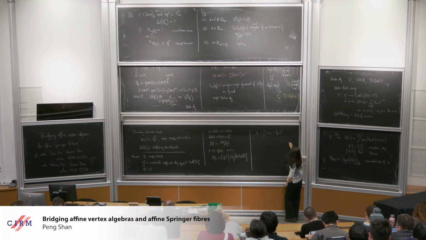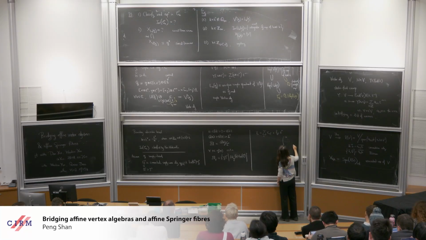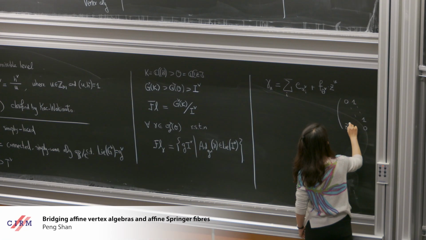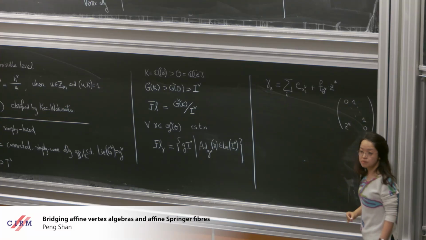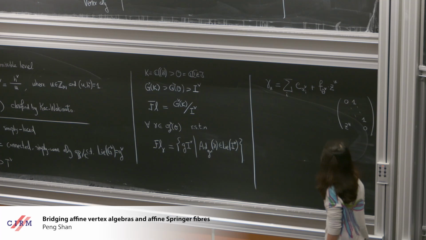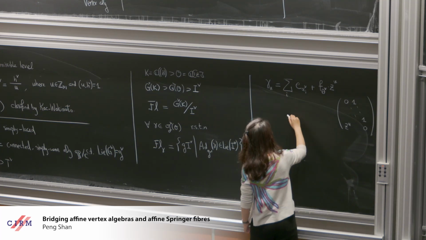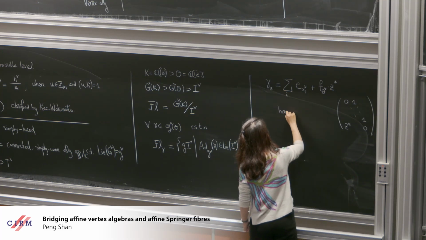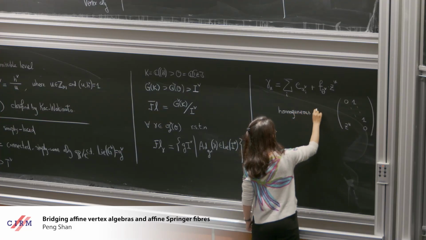If we're in GL_N, this is a matrix of the form: you have 1 on the upper diagonals, and you have z to the power of u here. So this is a so-called homogeneous elliptic element.